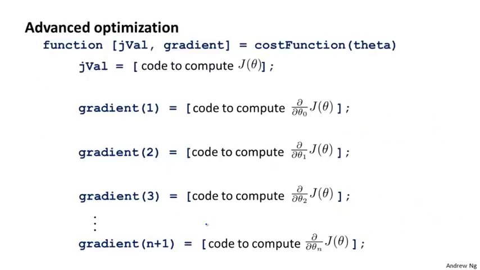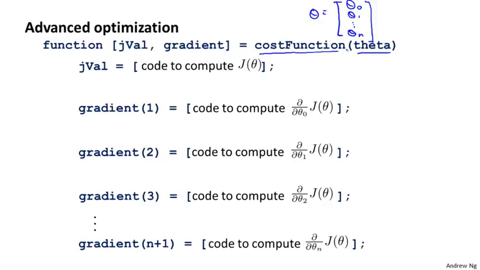Let's talk about how to get regularized linear regression to work using the more advanced optimization methods. Just to remind you, for those methods, what we needed to do was to define a function called the cost function that takes as input a parameter vector theta. Once again, in the equations we've been writing here, we use 0-indexed vectors, so we had theta 0 up to theta n.